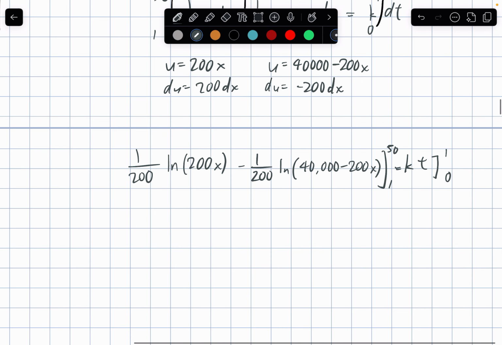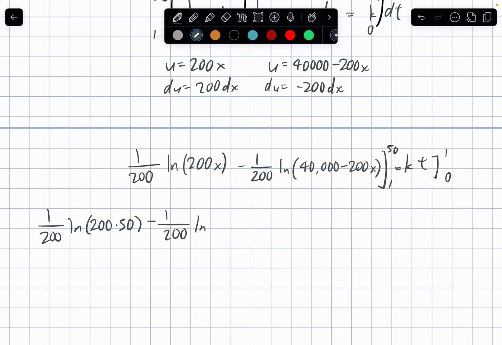Okay, so substitute 200 ln 200 times 50. Oh boy, this is gonna be a long solution. 40,000 minus 200 times 50.